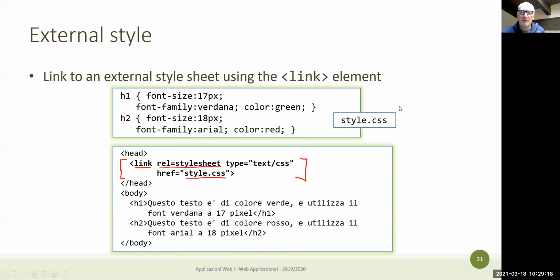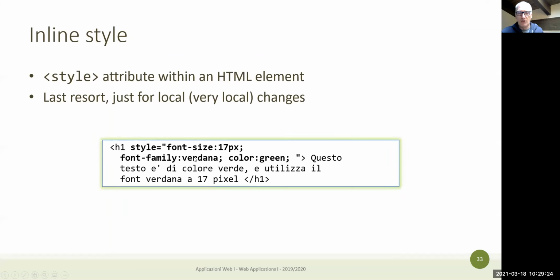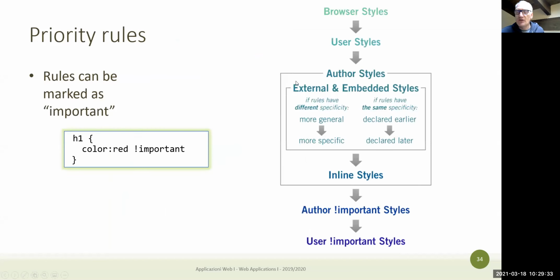The cascading rules are more complex because we can also have styles declared inside the head with a style element, or inline with a style attribute. We'll try to avoid that. It's better to have them in a clean, separate file. There's a lot of complexity here in the cascading rules.